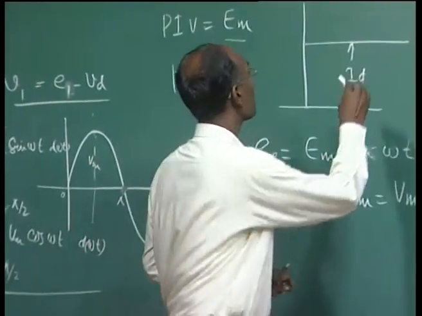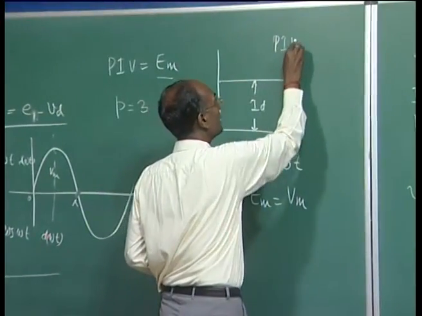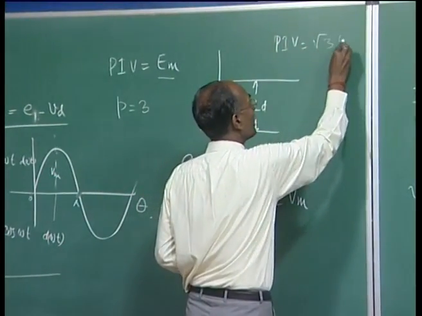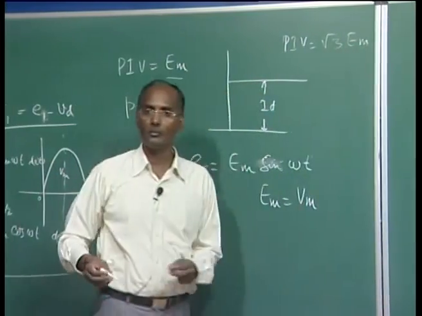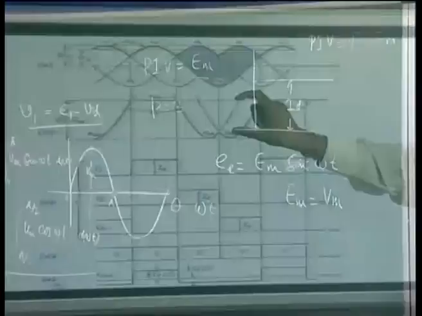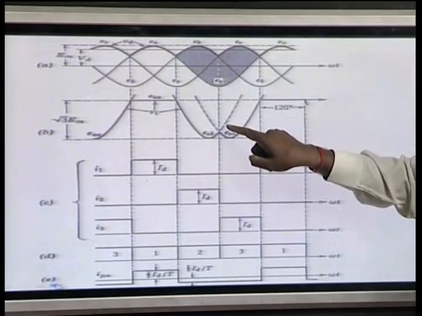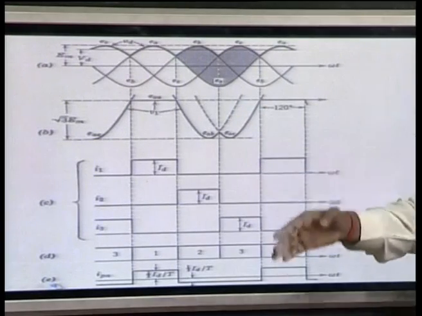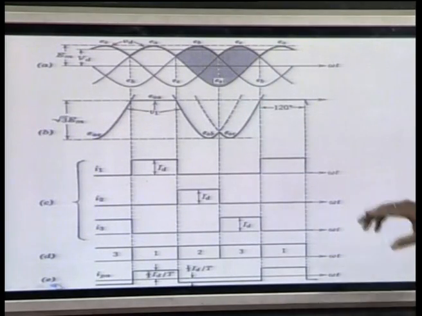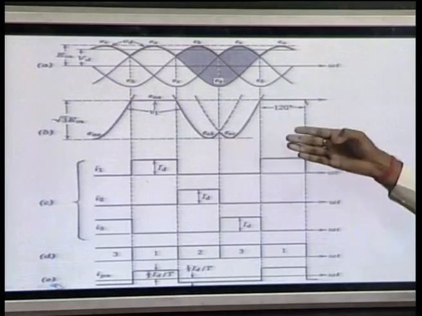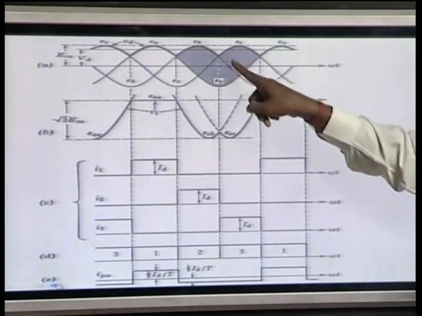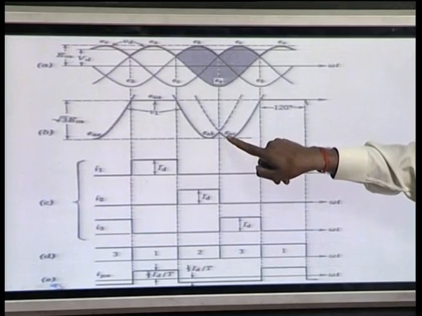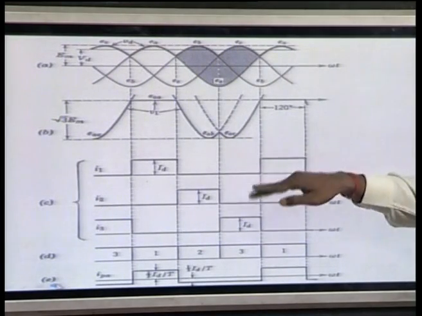So the peak inverse voltage in this case is root 3 EM. This is the valve 1 voltage we have drawn. Similarly, you can draw the voltage for valve 2 and valve 3; it will be the same shape shifted by 120 degrees.